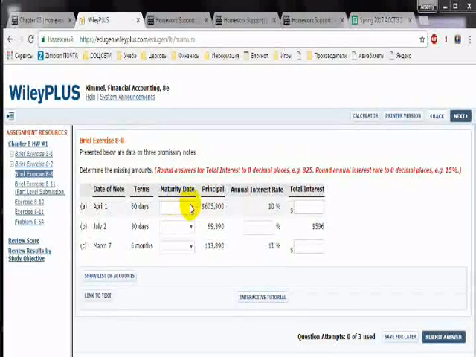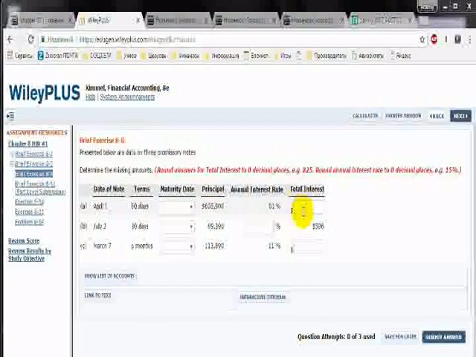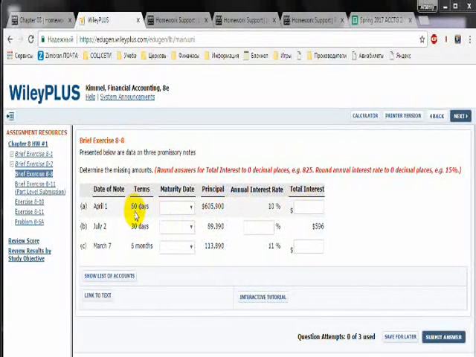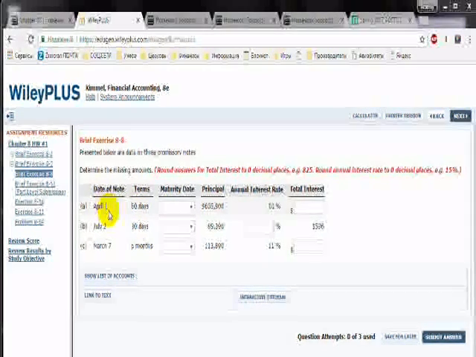Okay, so presented below in this assignment 8.8 are the data on 3 promissory notes. We need to determine maturity date and total interest. Think of it: exactly 60 days after April 1st. In the textbook, we are instructed to exclude the date of note, but include the due date. This requires us to count exactly 60 days after April 1st.